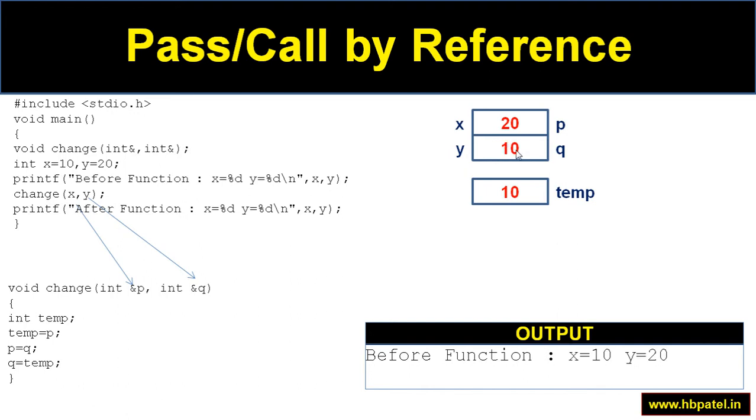So while we have used the names p and q over here, the actual changes were made in x and y. So when I go back and print after the function the value of x and y, what is the value of x? 20. And what is the value of y? 10. So I am going to get 20 and 10 as output on the output screen. So this is the basic difference between call by reference and call by value.